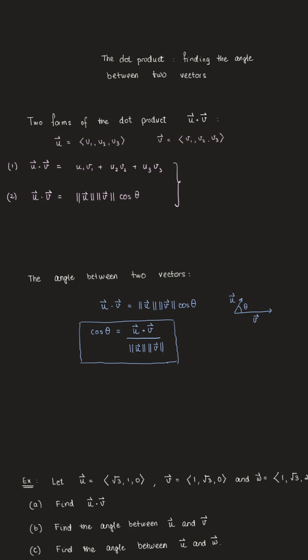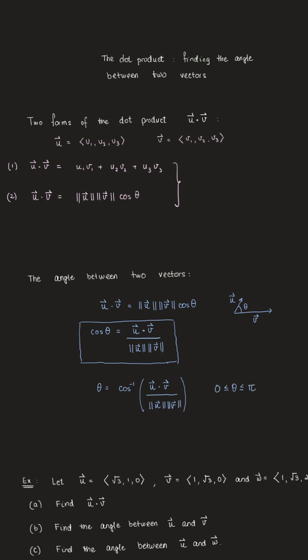So to solve for theta, we can take the cosine inverse of both sides, and we'll get that theta is the inverse cosine of u dot v divided by the magnitude of u times the magnitude of v. Just recall that cosine inverse is only defined as long as theta, the output, is between 0 and pi.